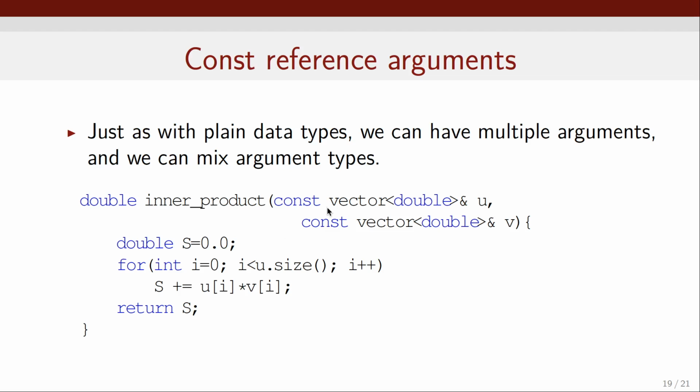For example, we can have two vectors, u and v, that are input, or the addresses of those vectors, and then we can calculate the inner product, which is u dotted onto v, and that's the sum of u_i v_i. So that's the usual inner product or the dot product of two vectors. It can be calculated efficiently in this way.